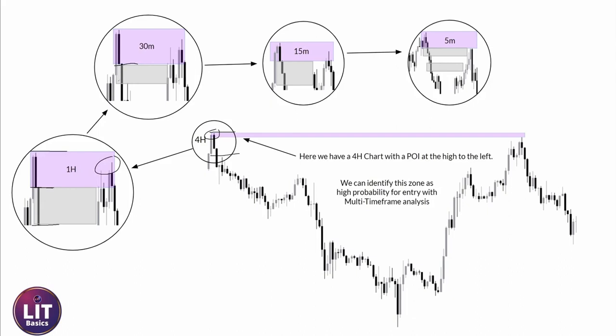We have this M30 imbalance with this M30 candle. Again, refine even further. M15 imbalance with our M15 demand. And then if we refine even further than that, we've gone all the way down to M5 with our imbalances here and here.